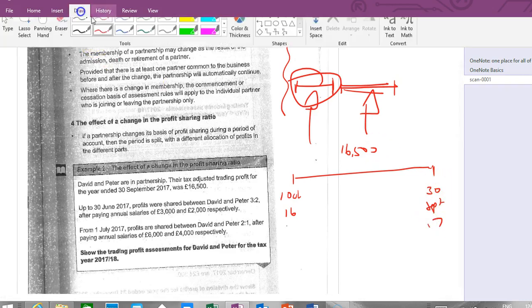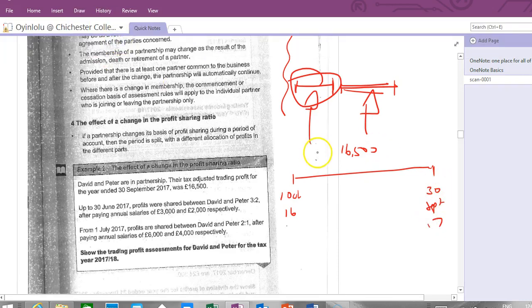I'll just change my pen color. So what are we saying? We are saying that up to the 30th of June 2017, profits are shared in the ratio 3 to 2. And then it says from here to here, profits are shared in the ratio 2 to 1.